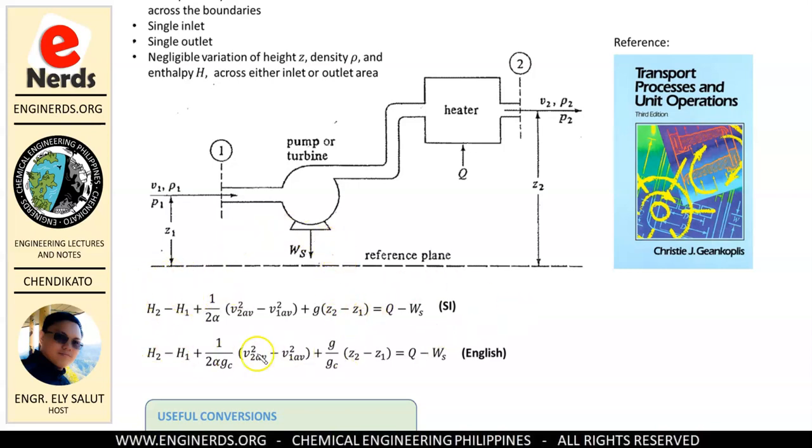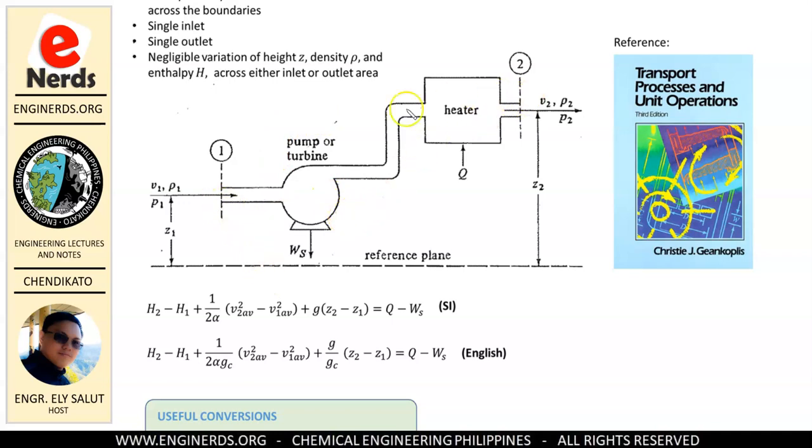So basically, halos kapareho lang din siya nung ating total energy na sinosolve in our previous problems. However, dito, meron tayong i-consider na energy that is produced by the heat transfer sa ating system or yung shaft work dulot ng pumps or turbines.